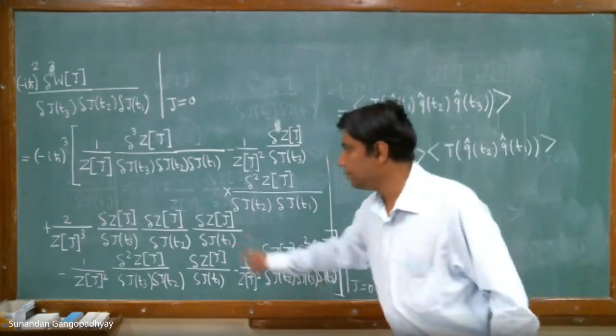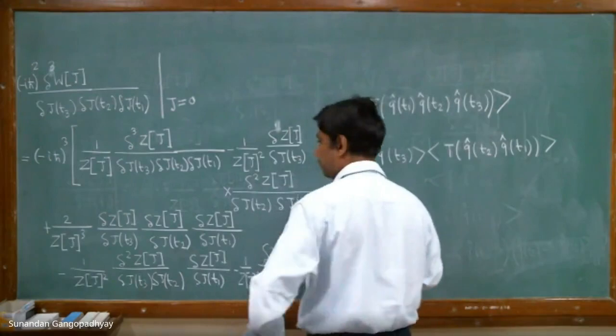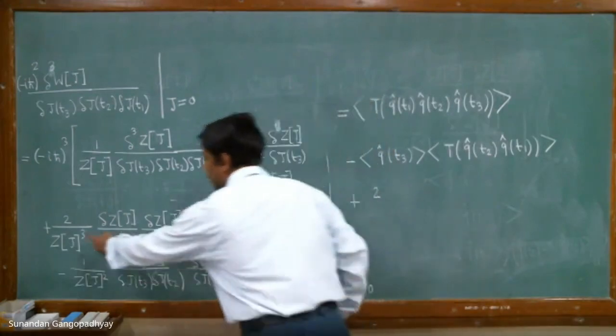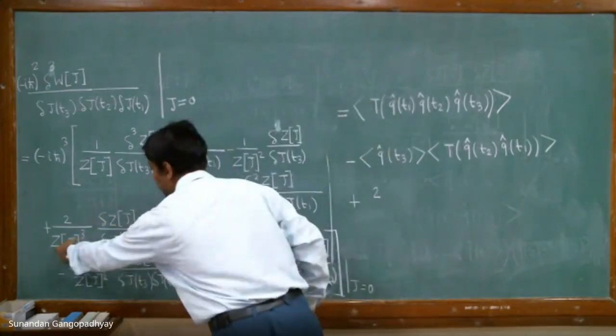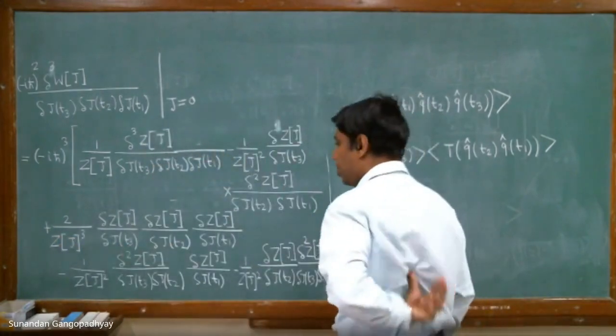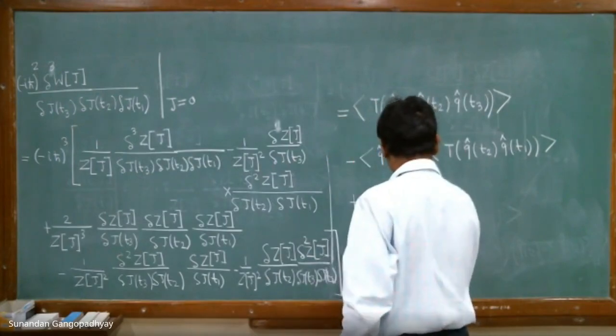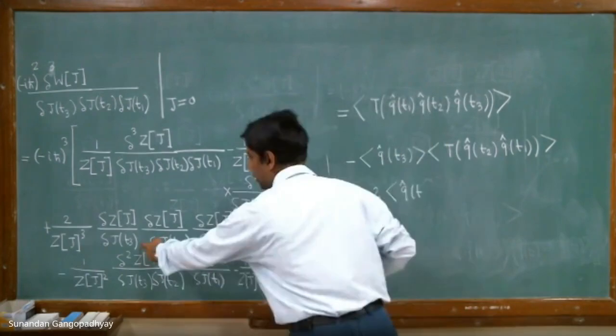What about this term? The third term is plus 2. You can partition with each term. You have a 1 by zj, and you have a minus i h bar whole cube outside. So you can write this as plus 2 q hat T3.